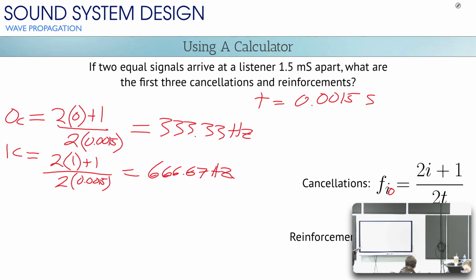I got that. Nora got that. Anybody else get that? Yes? Yeah. Okay. All right. Second cancellation, or third cancellation, would be 2 for i. So this would be 2 times 2 plus 1, divided by 2 times 0.0015.